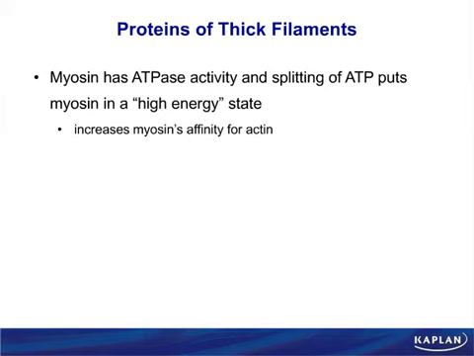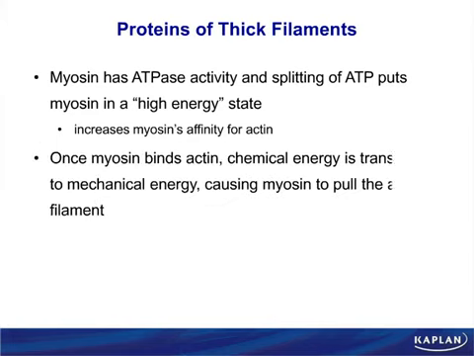That's got myosin in a high energy, high affinity state. Once the myosin binds to the actin, we're in this high energy state. This chemical energy coming from the splitting of ATP is transferred to mechanical energy, which causes myosin to pull on the actin filament.